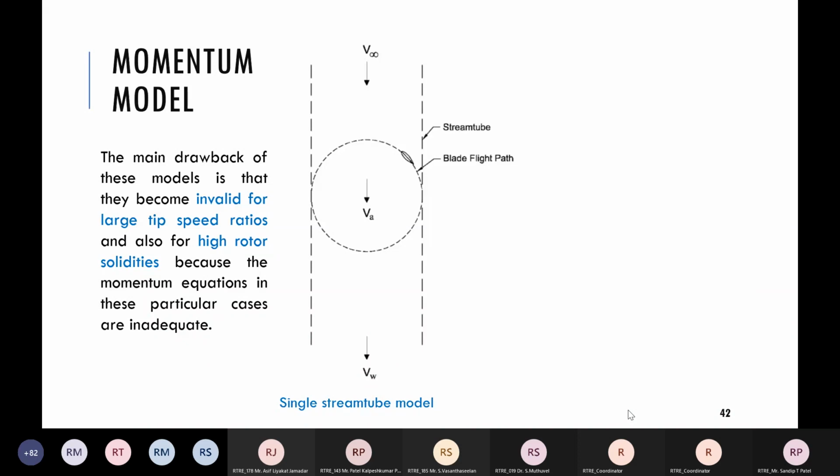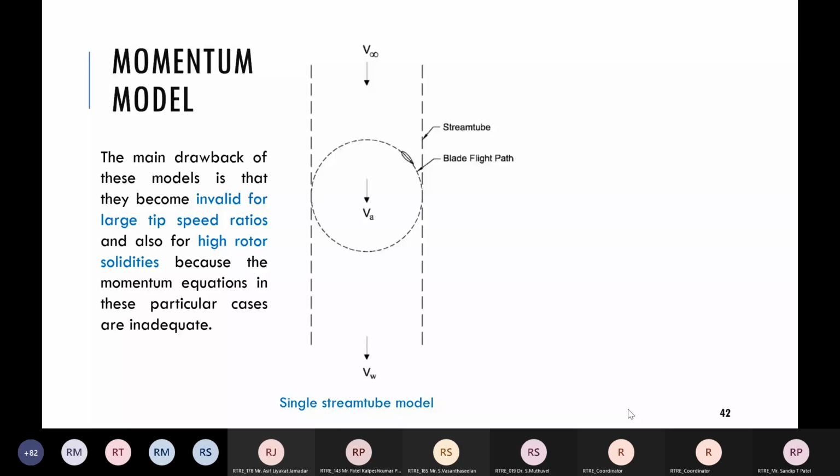In Betz's theory, what we assumed is modified for vertical axis wind turbine. I'll not get into the calculation details of this, I'm just giving you how this works. But this model is so simple that its results are not reliable.